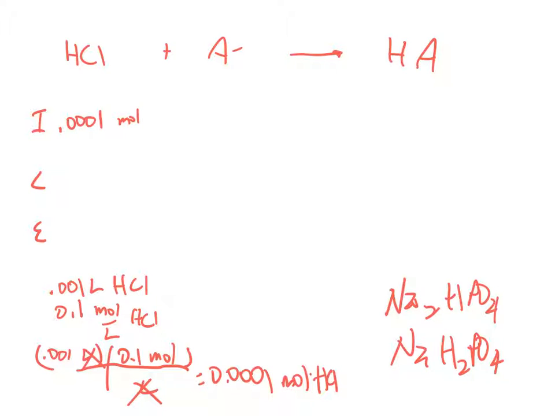Notice the sodium doesn't really matter. If you remember, that's called a spectator ion from Gen Chem. What is important is it tells us that we had 0.063 of this one. And I am going to erase this part from before.